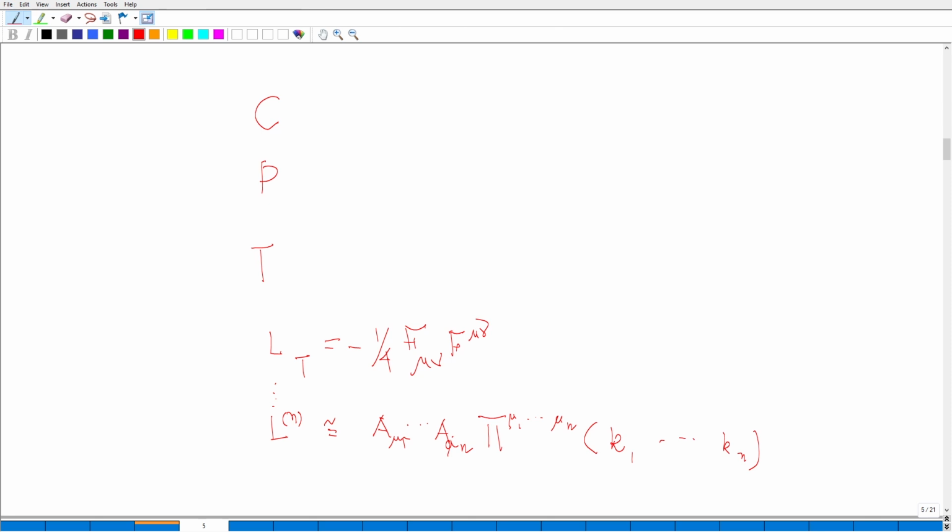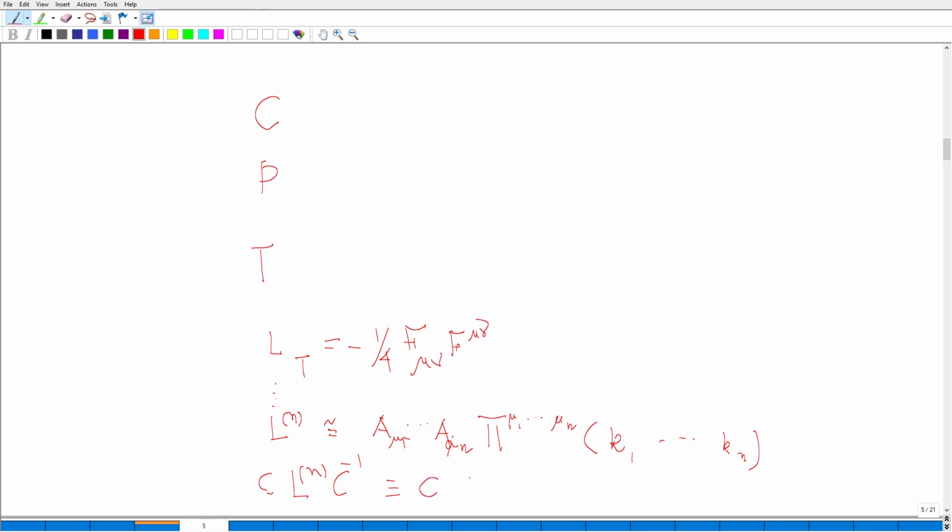Now, if we are dealing with a theory that is respecting charge conjugation invariance, then this additional term that we have given here by L n should be symmetric under charge conjugation. So, how do we define that? It is done in the following way. You act the charge conjugation operation on this n-point Feynman diagram.